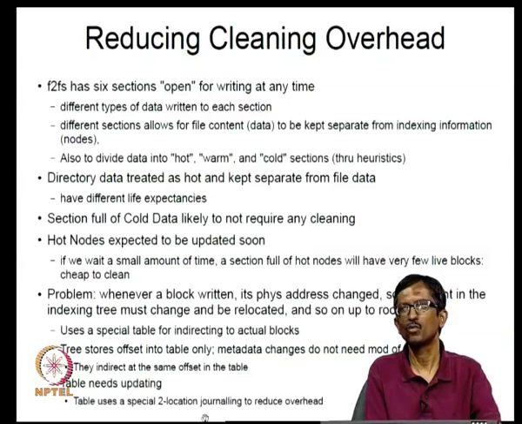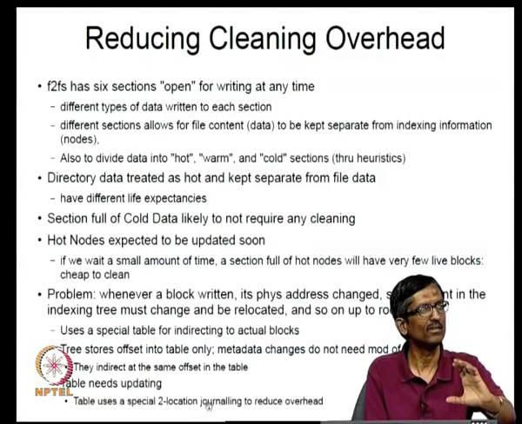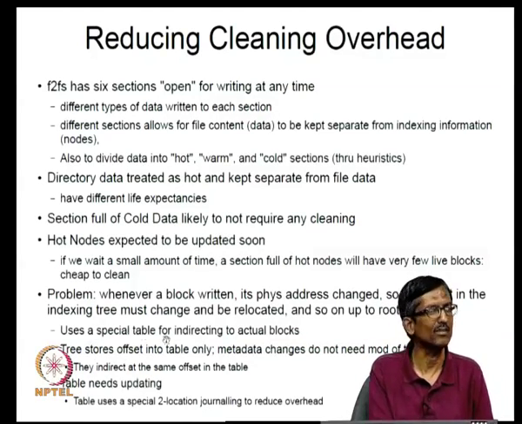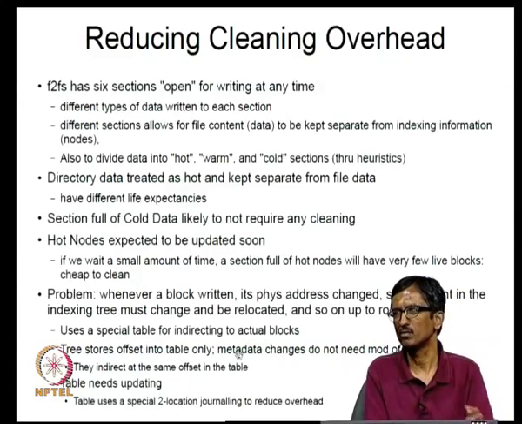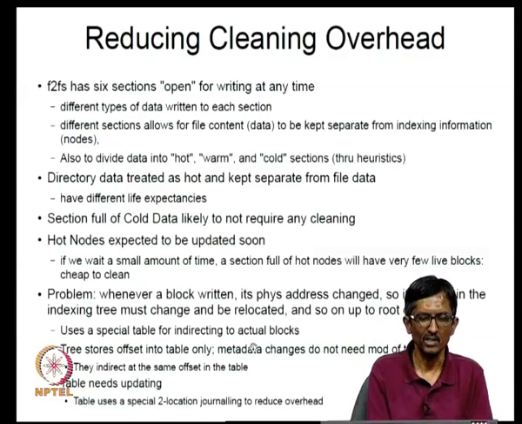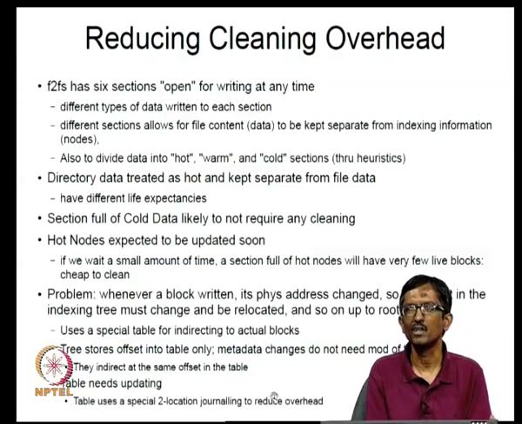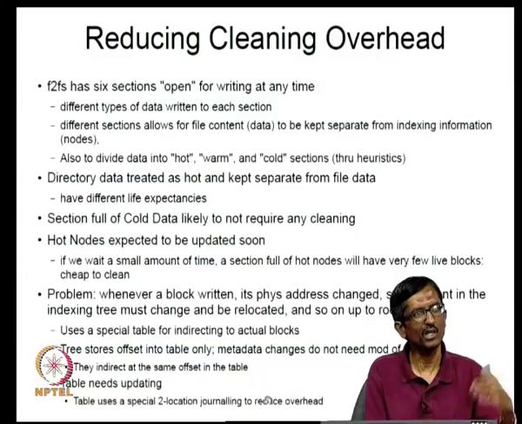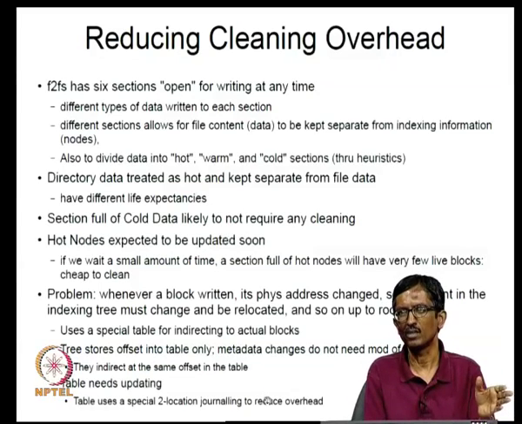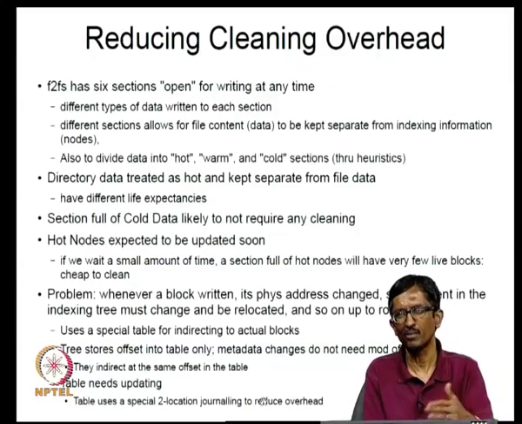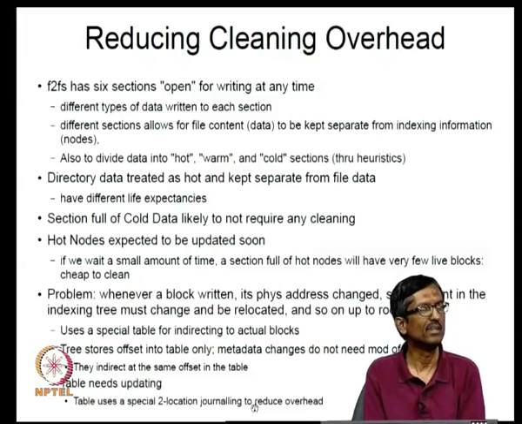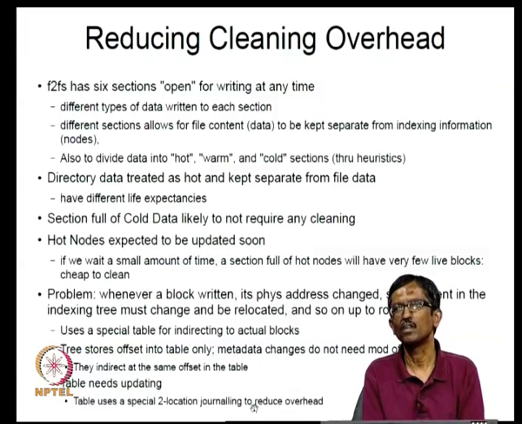You have two locations for this node table, this is what they call the special table, and then they keep going back and forth. So that reduces some overhead. The basic problem is that every time you update, you have to start looking up another table. So they avoid it by some kind of recursion. You want to avoid it by using this two location journaling, like the FAT0 FAT1 model. That will essentially reduce the amount of additional tables I have to keep.